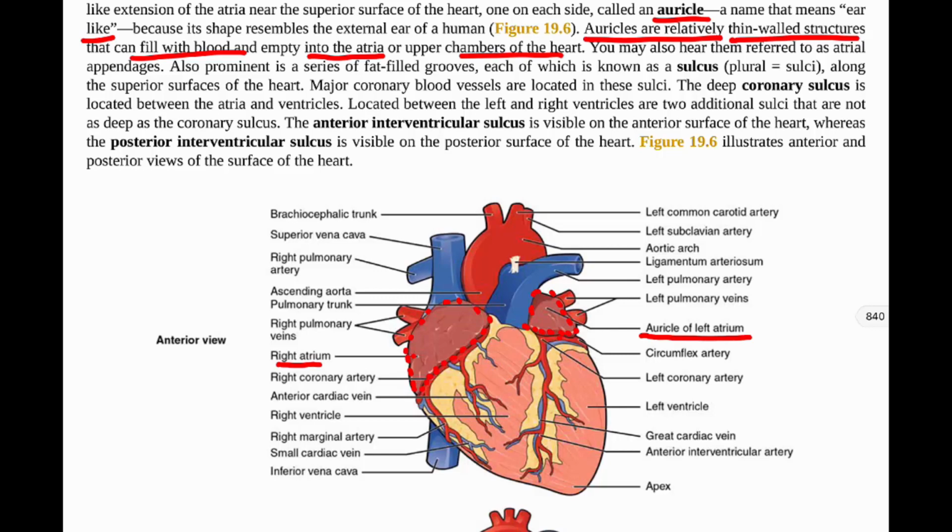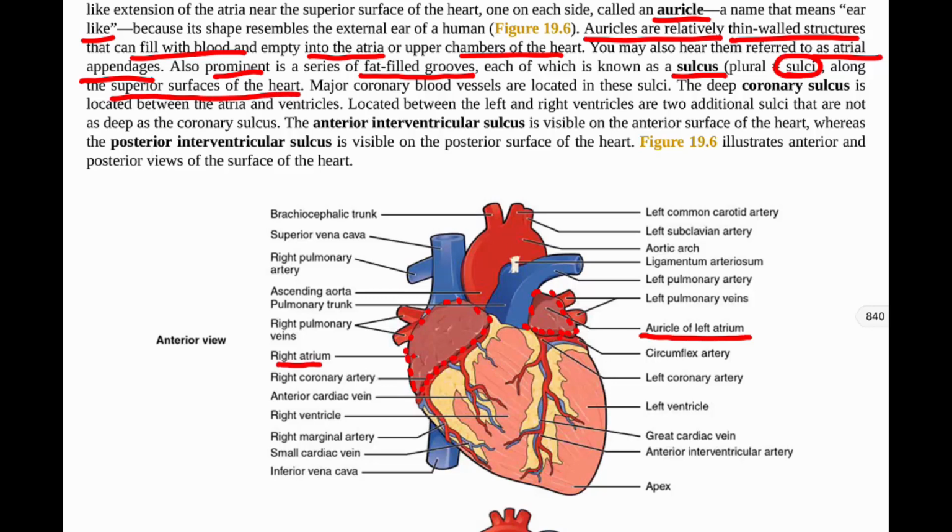Also prominent on the surface of the heart are some fat-filled grooves, which are called sulci, plural. An individual one is called a sulcus. They are along the outside of the heart, kind of ditches along the heart.